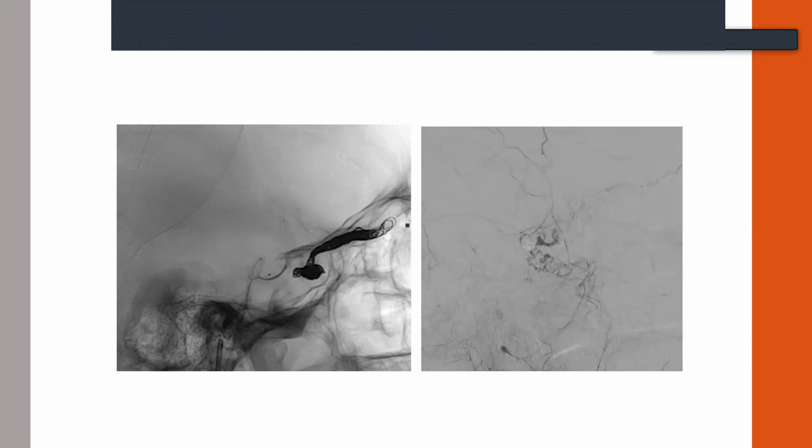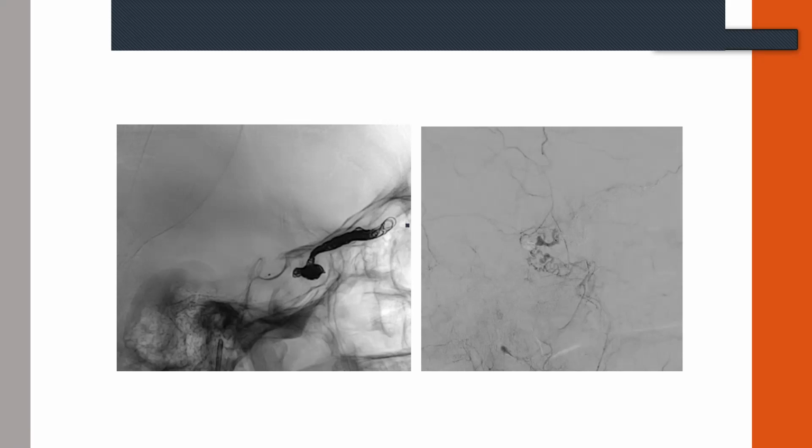The right side shows that it's still filling just a faint amount. And you can see that compared to what this thing looked like initially, that looks relatively good. You know, it's not nearly as ugly as it used to be. So, you know, we couldn't get really access into that area anymore. So we stopped the procedure. We thought we did a good enough job.